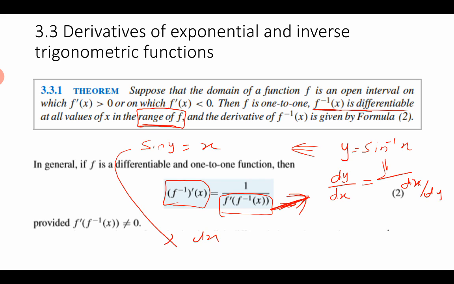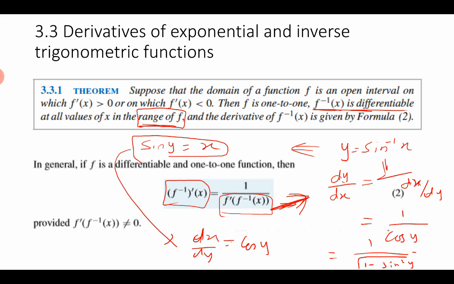When you differentiate the right side, it is dx over dy, and the left side it will be cosine y. So here we are writing it is 1 over cosine y. And we remember cosine y is the square root of 1 minus sine square y. But sine y is x, so the answer is 1 over root of 1 minus x squared.